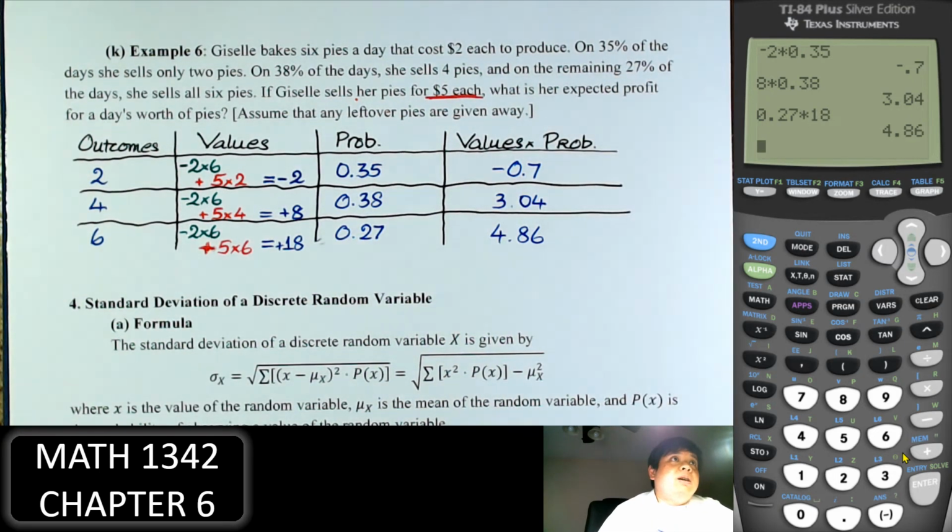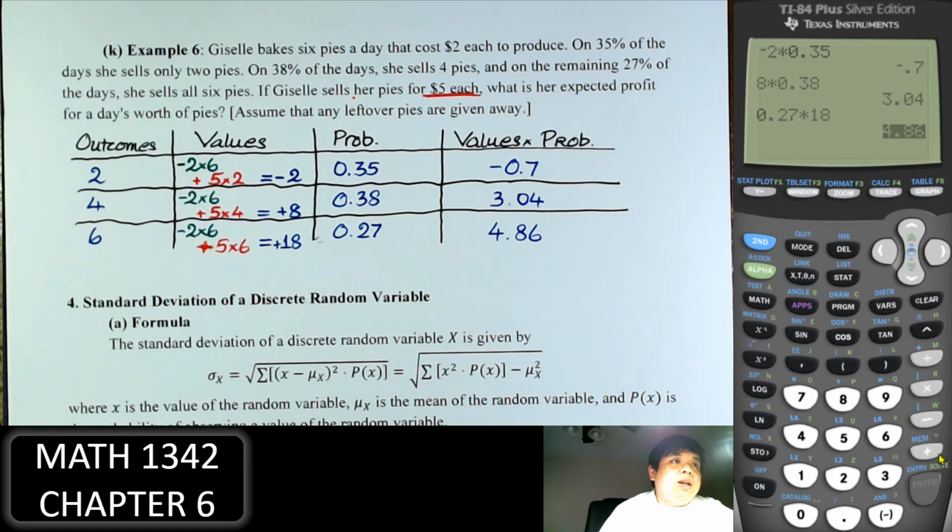Now add all of this up: 4.86 plus that plus that, 7.2.